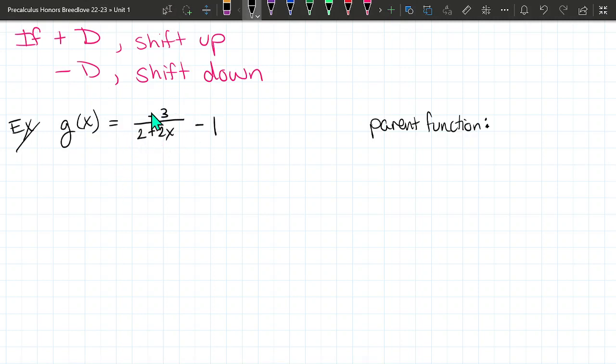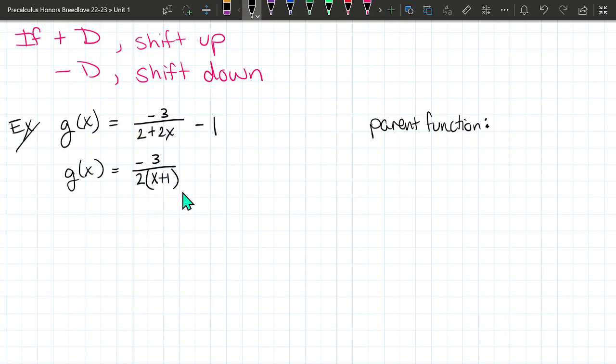So first let's go ahead and rearrange it to where it matches the g of x we gave up at the top. So one thing we would want to do is take out a common factor in the denominator. So make this g of x equals negative 3 over 2, and then move the x to the left, make it x and then plus 1.